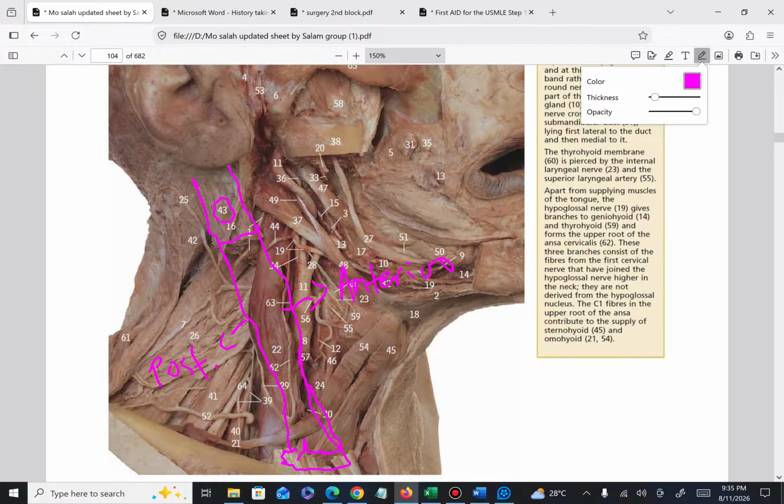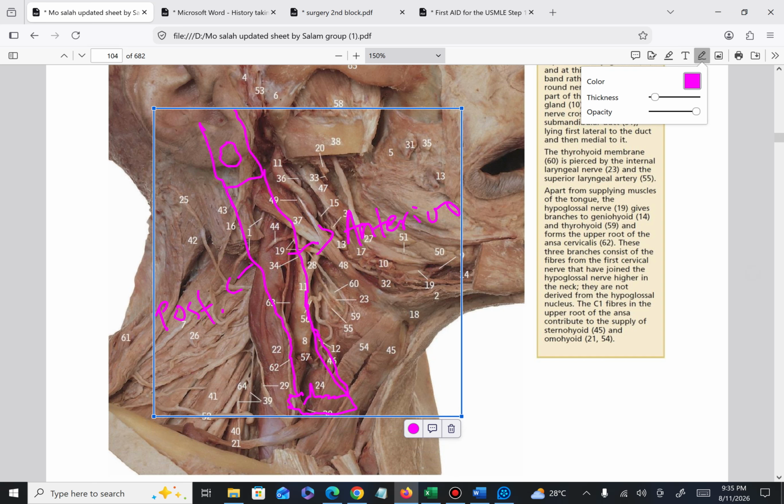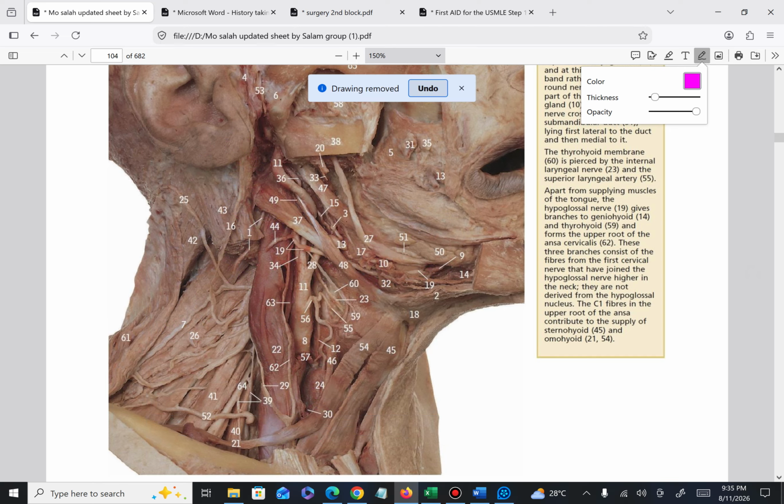Then the anterior triangle is further divided into three subtriangles. Boundaries of the anterior triangle: posteriorly, the border of the anterior triangle is formed by the muscle sternocleidomastoid.